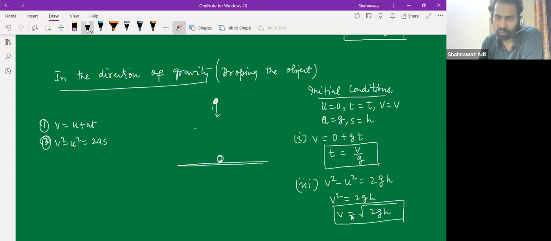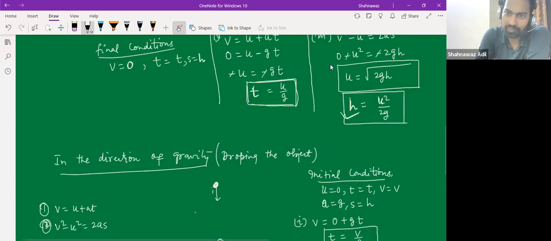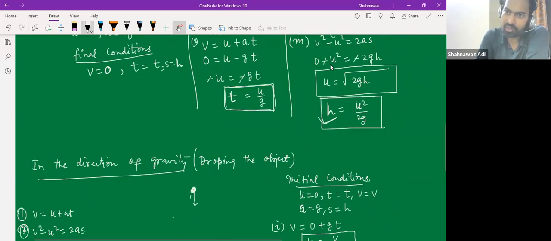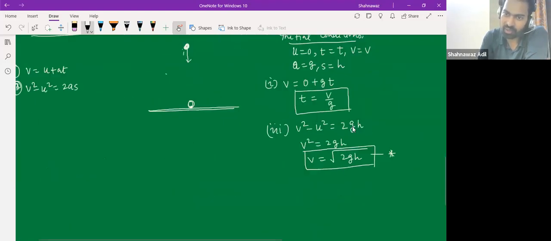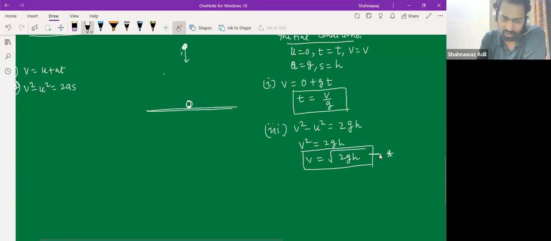Okay, so let's say this is star, and let's say this is some time. Seeing this equation and that equation, what can you guys infer?